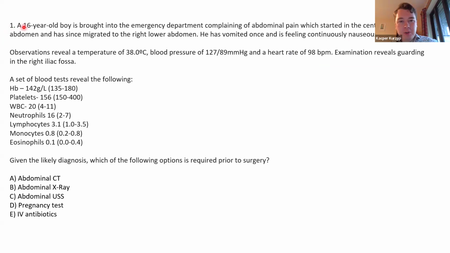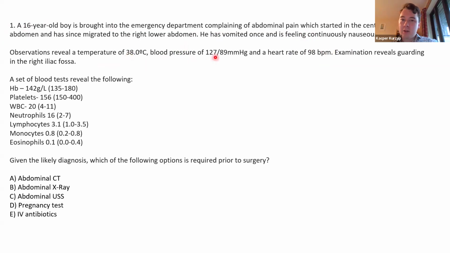So we have a 16-year-old boy in the emergency department. We have abdo pain, started central, migrated to the right lower abdomen, vomited once, feeling continuously nauseous. Observations not too terrible.